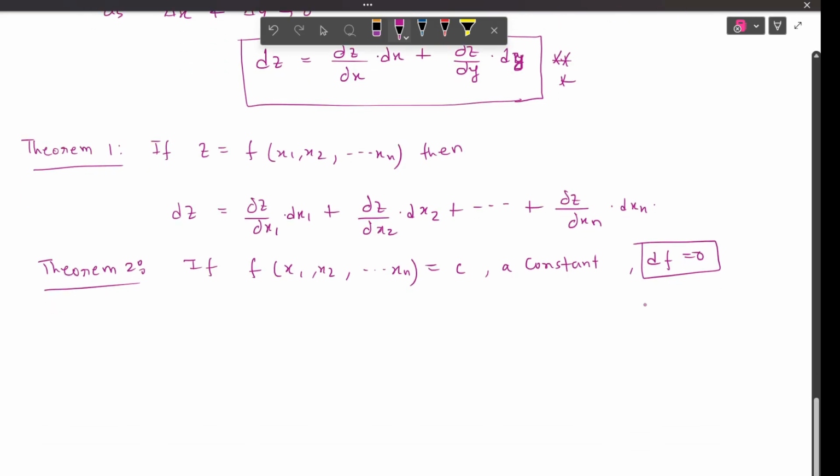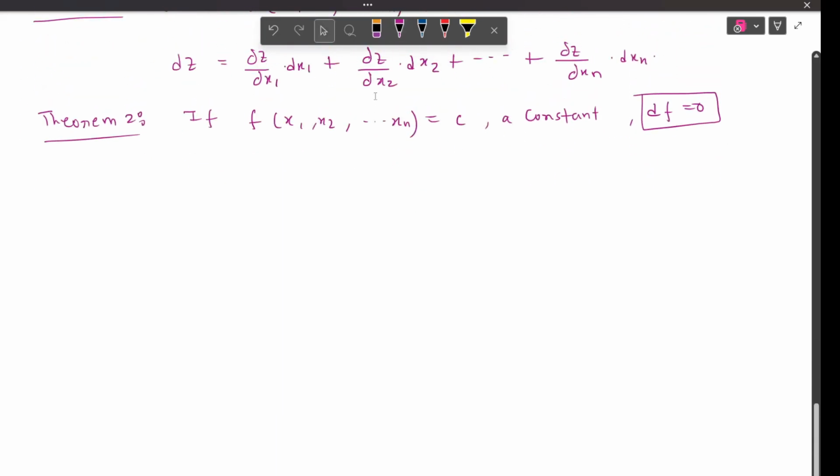See, existence of partial derivatives fx(x, y), fy(x, y) does not ensure the total differentiability of f(x, y) at (x, y). Remember this point.